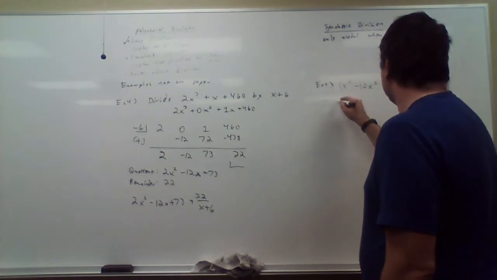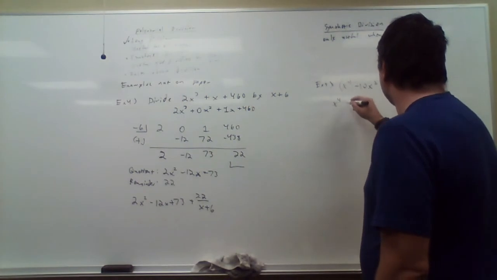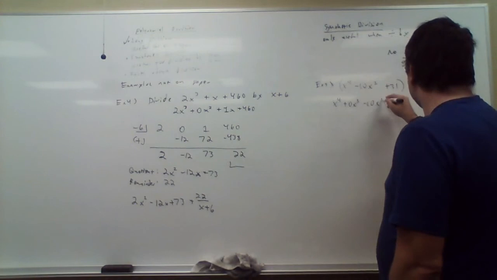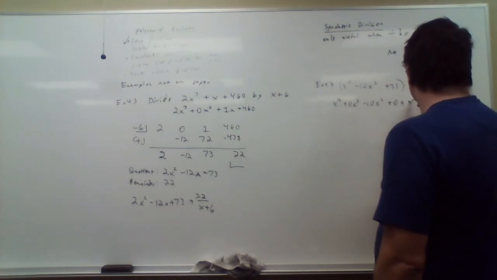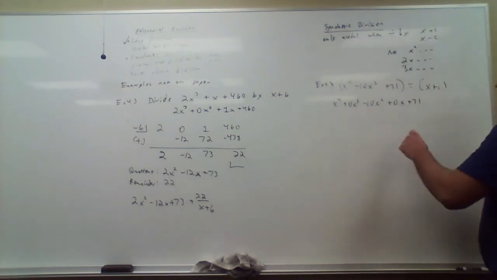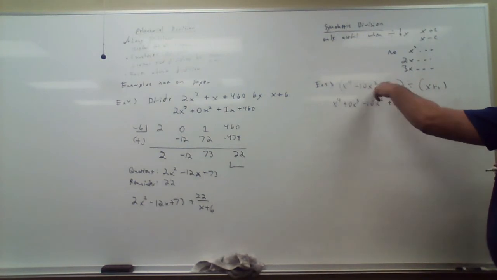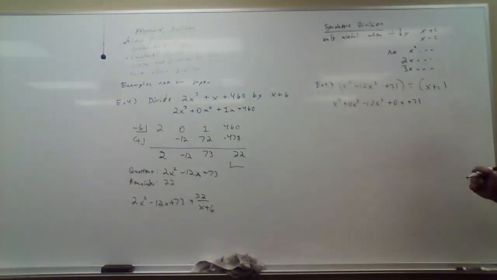So this is to be treated as x to the 4 plus 0x cubed minus 10x squared plus 0x plus 31, because we skip powers of x. It goes from 4 to 2 to nothing.